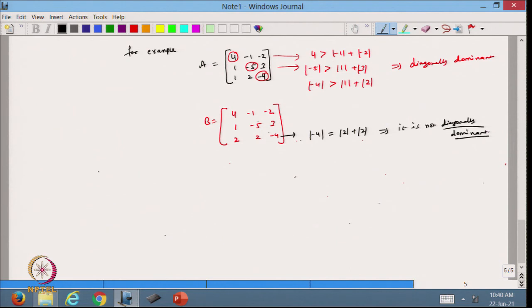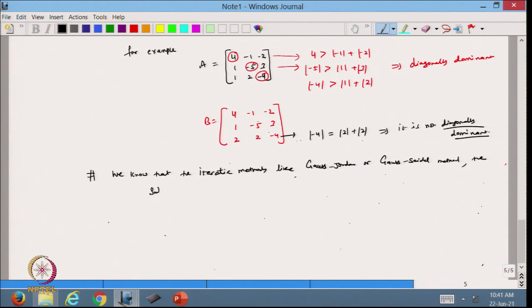So, based on this one I want to show, we now know that for the iterative methods like Gauss-Jordan or Gauss-Seidel methods, the sufficient condition for convergence is a diagonal dominant matrix.